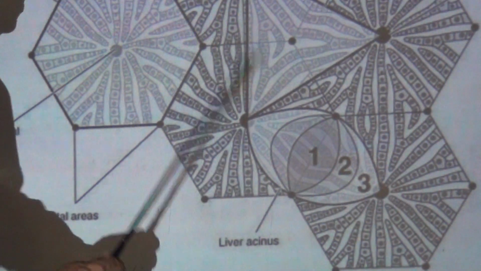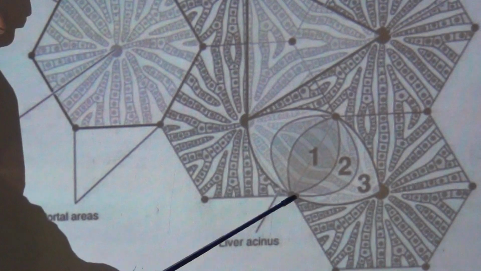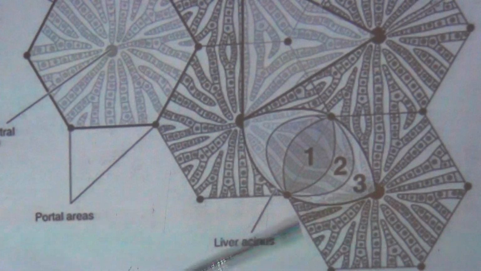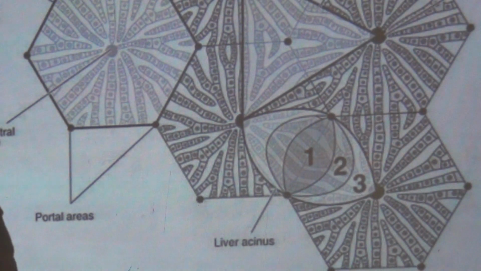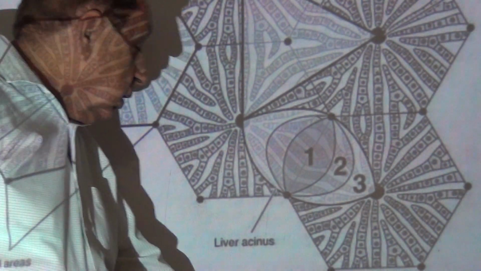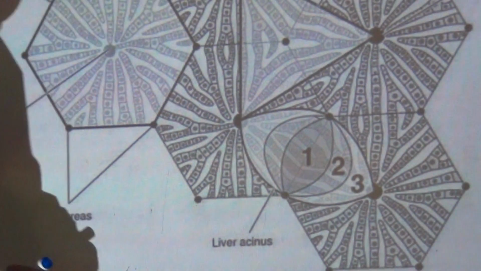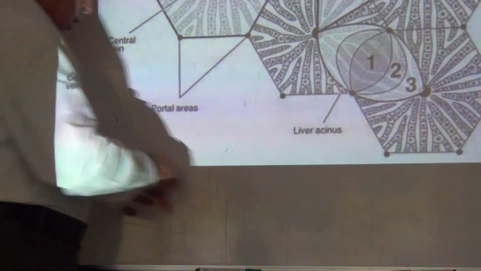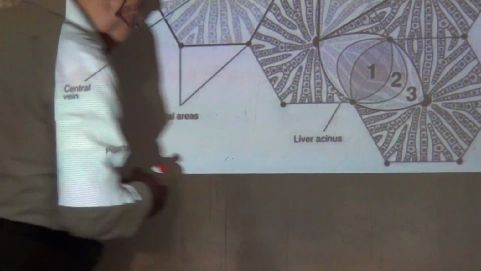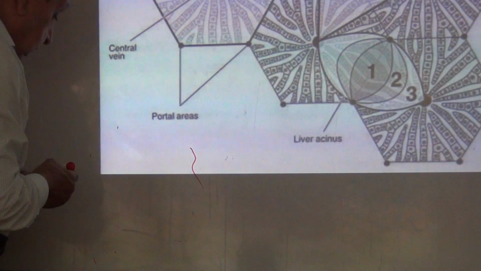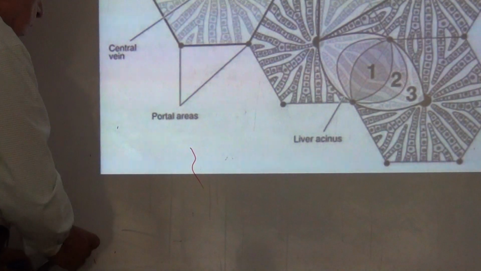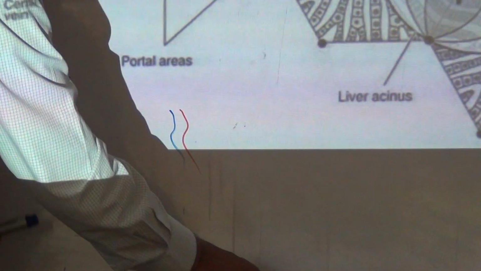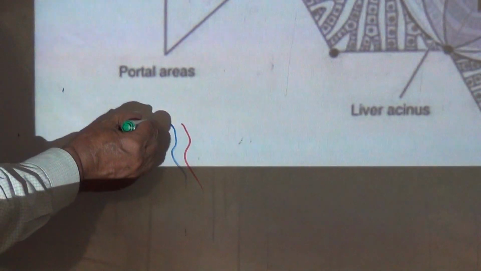Now this liver acinus shows the terminal part of the hepatic artery, terminal part of the portal vein, and terminal part of the bile duct.